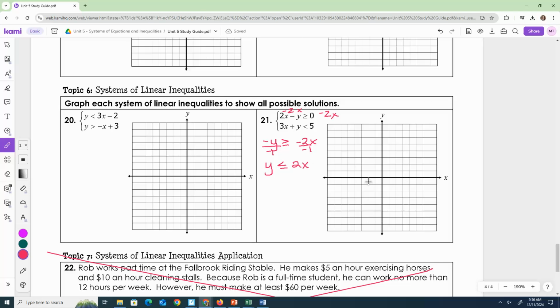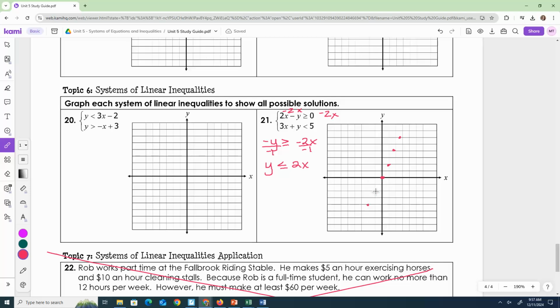Okay, to graph these, we have to ask ourselves, is it solid or dashed? Solid because of the equal to. The y-intercept is 0, slope is 2. So up 2 over 1. And we could go down 2 and backwards 1.